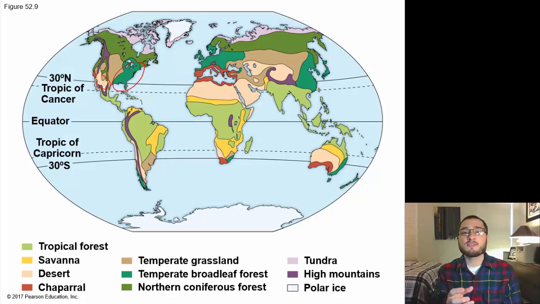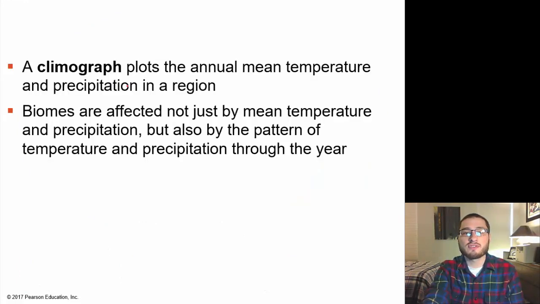So when we look at these different biomes, a lot of times the big thing that we're honing in on is the precipitation, or the amount of water that area gets, as well as the temperature throughout the different seasons.